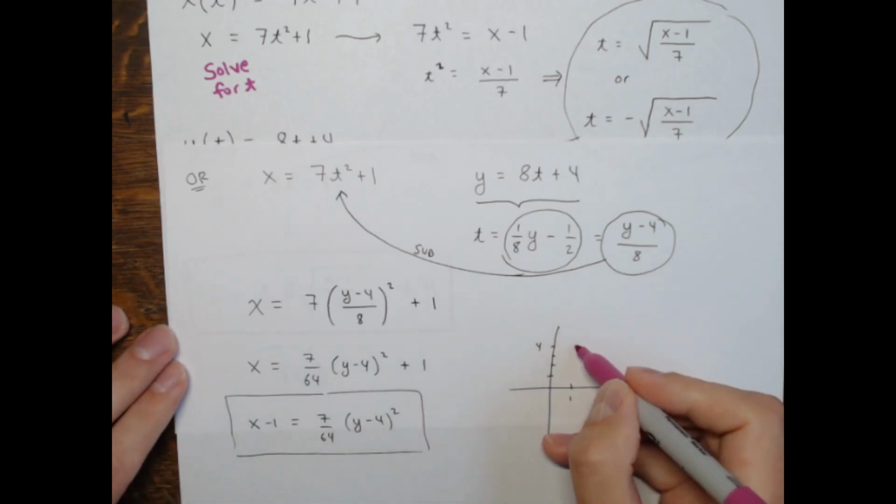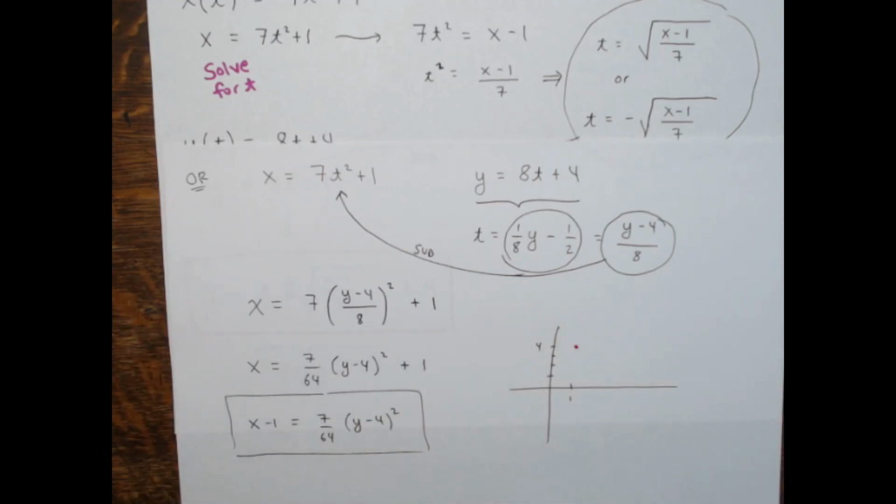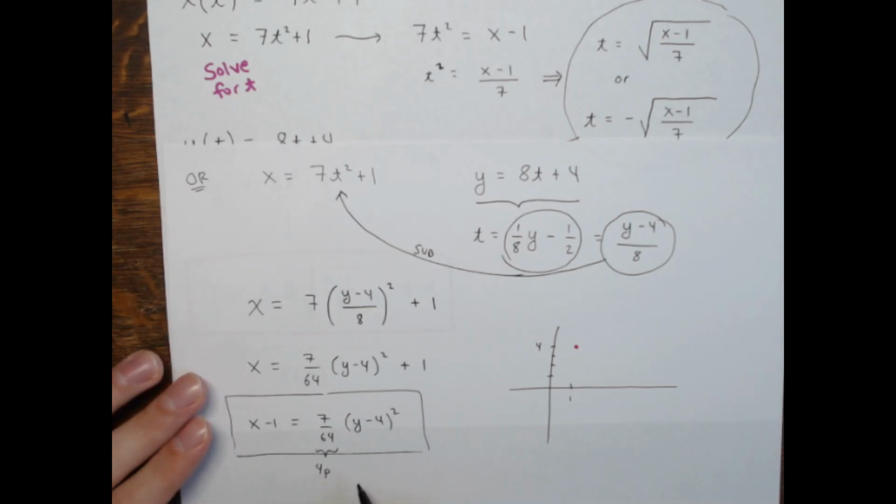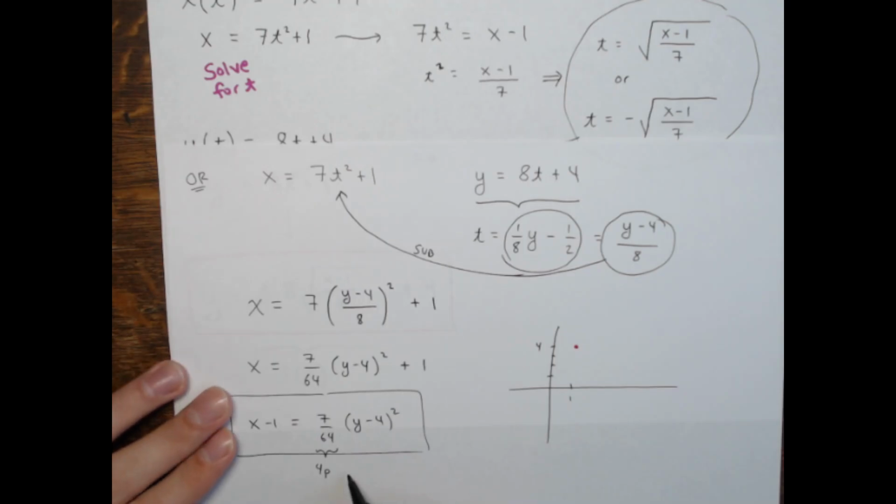So I'll plot that point here, and then this 7/64ths. This was a 4p, where p was the distance to the focus, right? So the 4p is 7/64ths, meaning that p would be 7 over 64 times 4, 7/256.